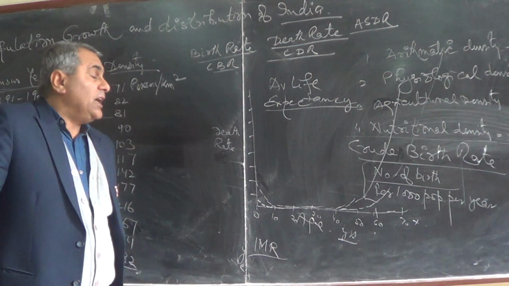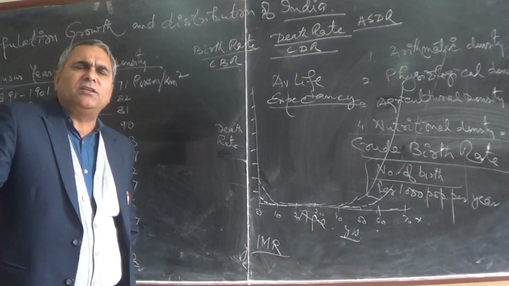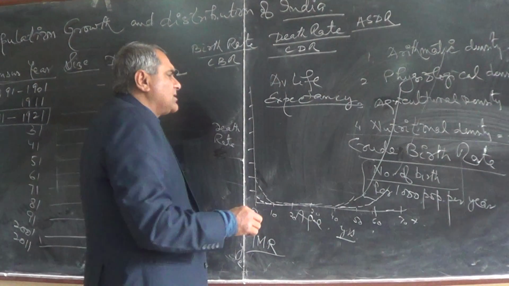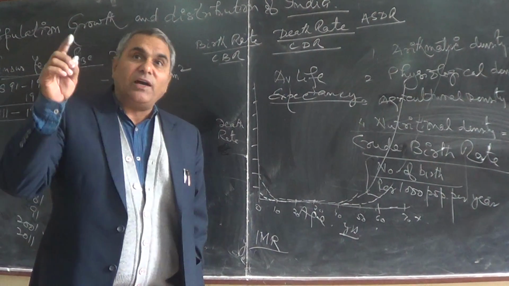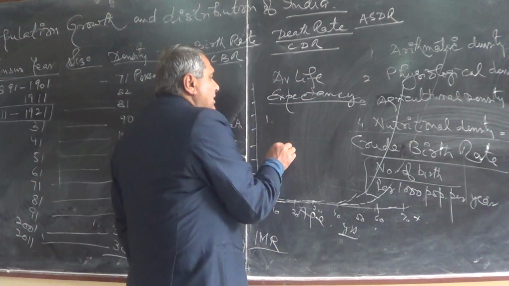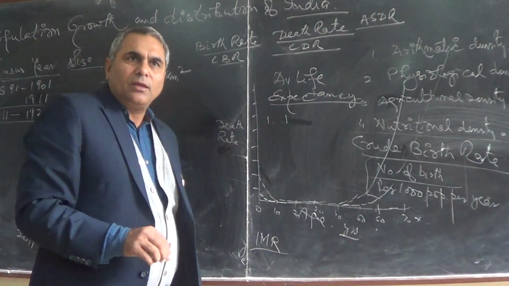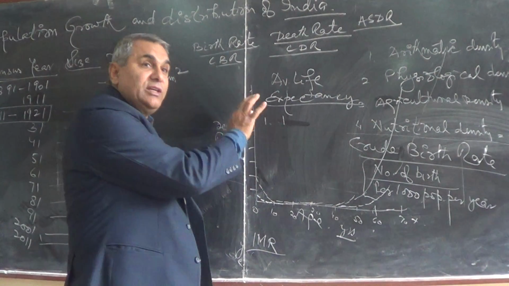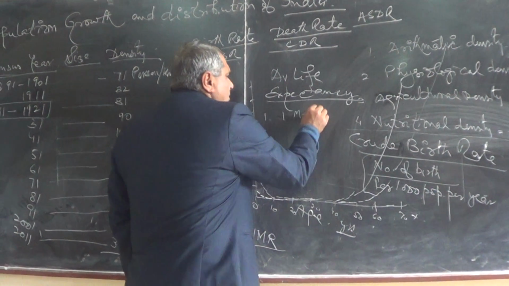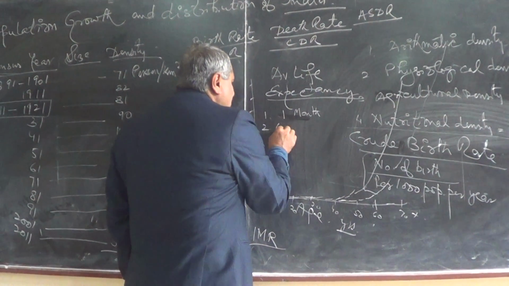Suppose there is a village in any part of the country, and in 1 year some deaths have taken place. Suppose 5 deaths have taken place. The first death was the death of a newly born baby. Its age was not even 1 year, so we write it as 1 year, say a 1 month old baby. The second death was a 60 year old person.